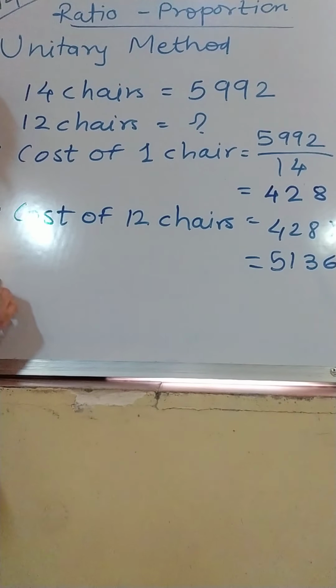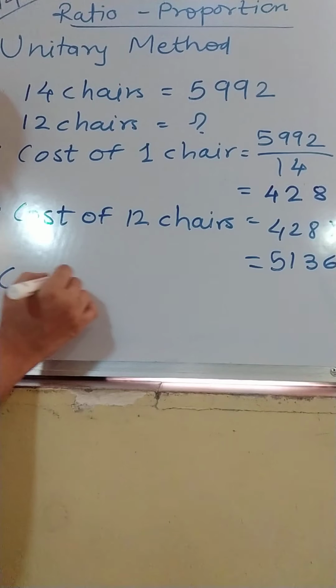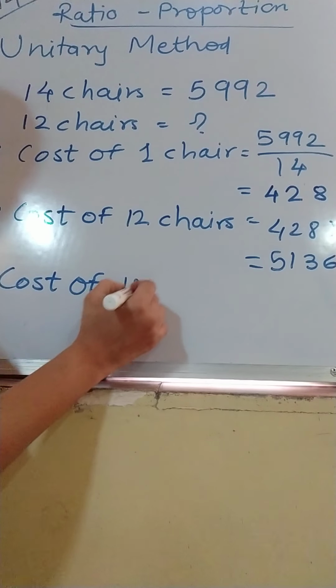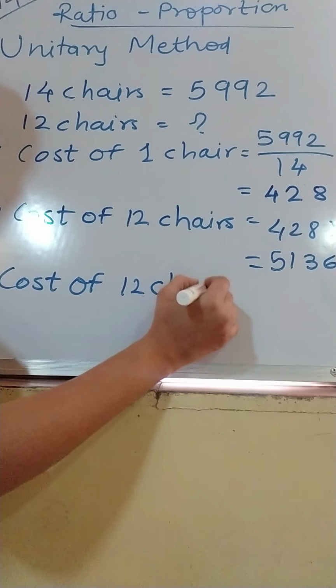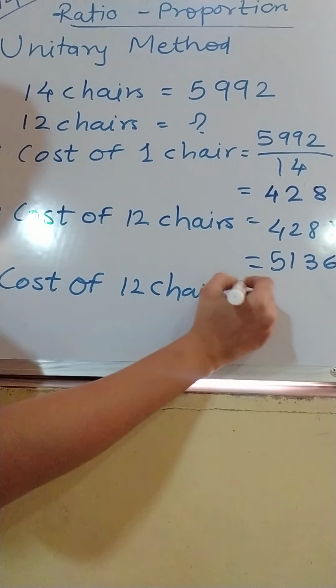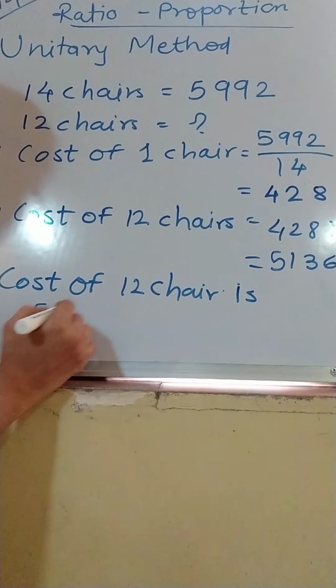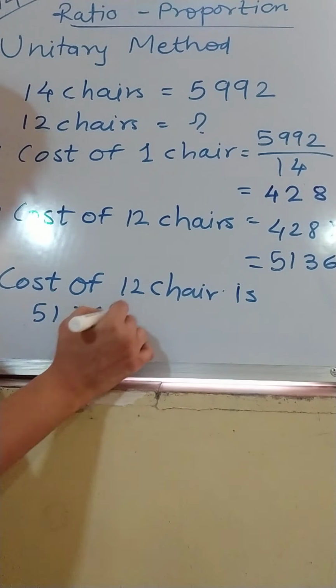So therefore the cost of 12 chairs is 5,136 rupees. Okay, next move to the next sum.